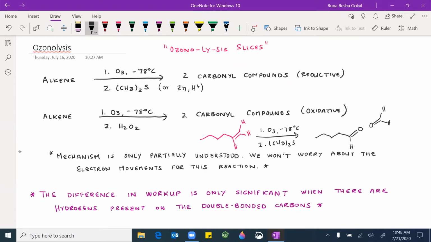If you have an oxidative workup, which is not in your book, but I think that we can get there, it's going to attach an oxygen to those hydrogens, okay? But hydrogen can only make one bond. And so that oxygen is going to insert itself between the carbonyl carbon and the hydrogen, okay?